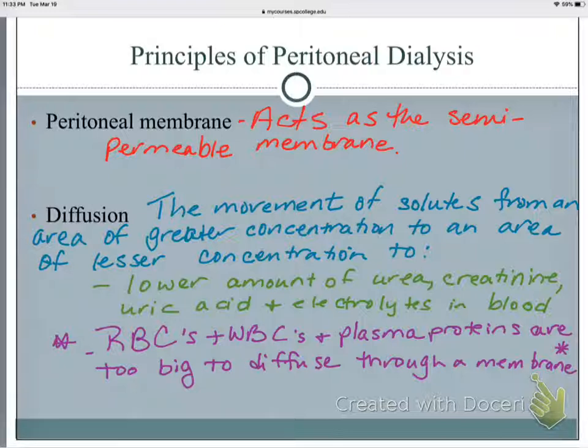Hemodialysis is kind of like someone's doing it for you, versus with peritoneal dialysis, that person can be trained to do it for themselves. So there's differences, and we're going to talk about those. So basically, with peritoneal dialysis, the peritoneal membrane is what serves as a semi-permeable membrane. Okay, so your own body functions as the membrane.